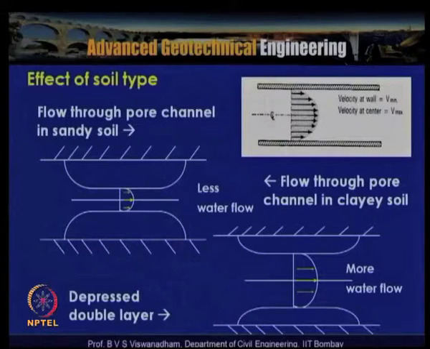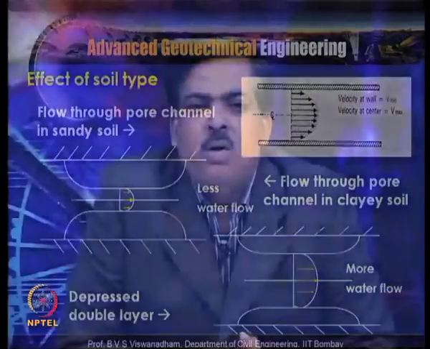But when you consider the magnitude of Vmax in the sandy soil and Vmax in the clay soil, there will be a marginal difference. Similarly, when you have a depressed double layer with decreased adsorbed layer, it is possible that more water flow can take place. However, if you look into this velocity distribution, though it is analogous, it is several magnitudes less than the flow through the pore channel in sandy soil.